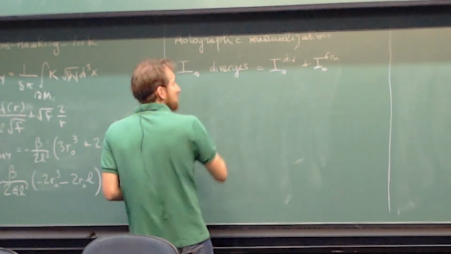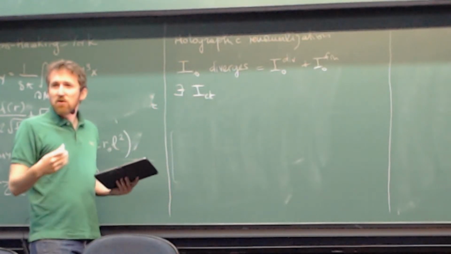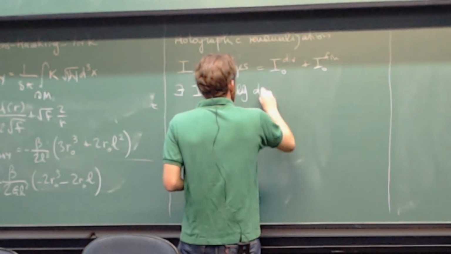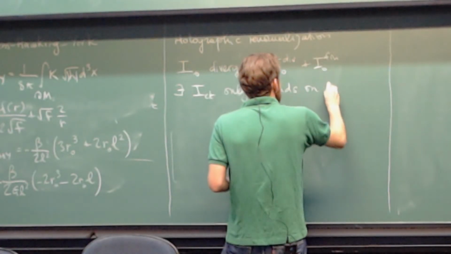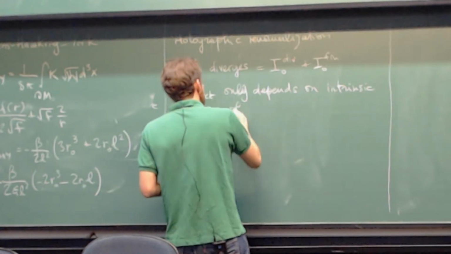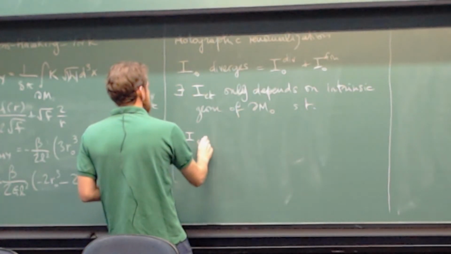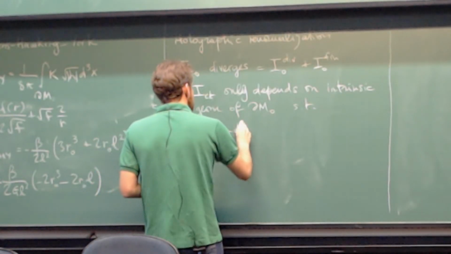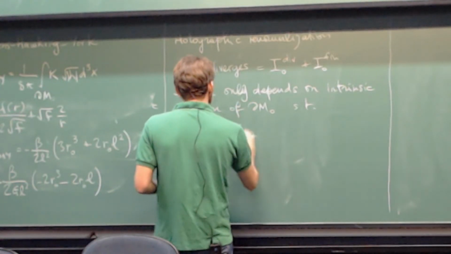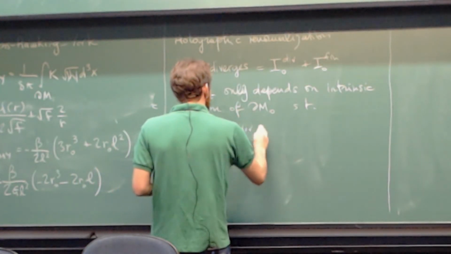Then the statement of holographic renormalization is that there exists a combination of terms that only depends on the intrinsic geometry, such that I_CT plus I naught divergent equals finite.